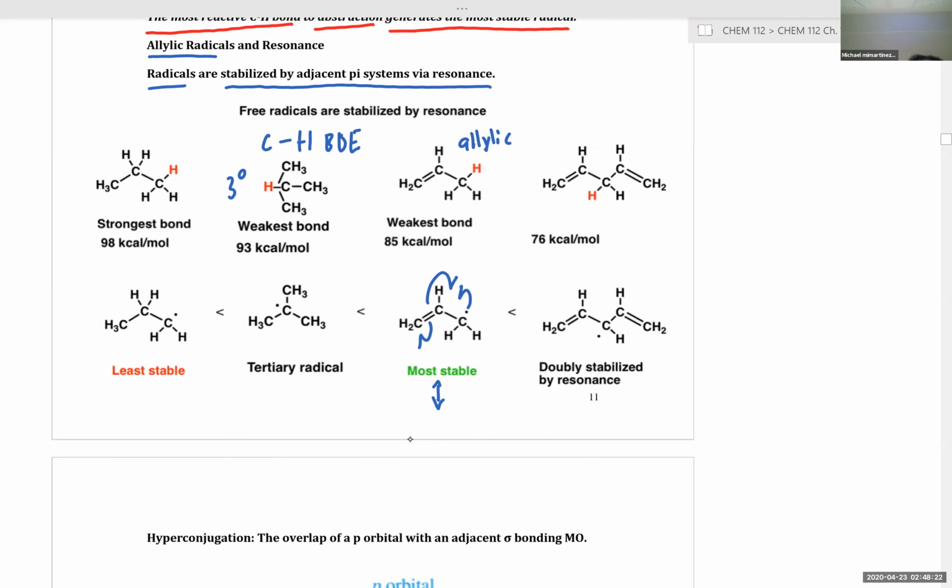So we can draw the following resonance contributor. And we can clearly see that this radical is stabilized by resonance. And the more resonance delocalization we have, the more stable our radical becomes. So if we have a doubly allylic species, we have an even more stable radical and an even weaker carbon-hydrogen bond.